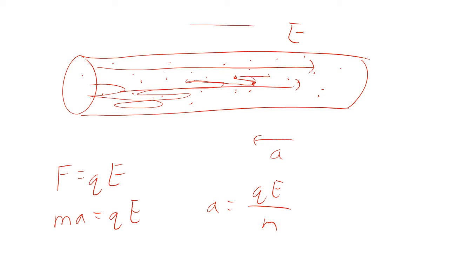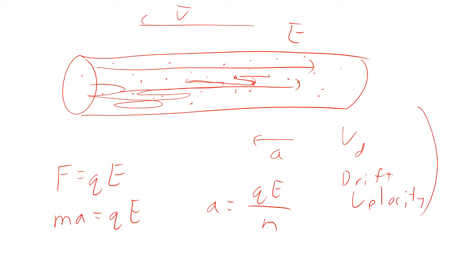So what we do is we define an average velocity that we call the drift velocity. So that drift velocity is this average velocity in there. And in the current here that we define, the current is going to be N times A times E times the drift velocity.